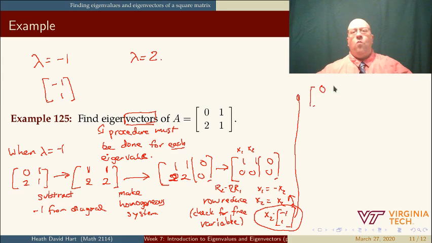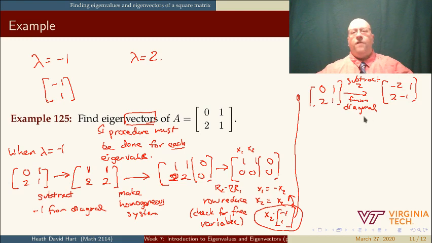Start with 0, 1, 2, 1. Subtract 2 from the diagonal. So now I have -2, 1, 2, 1 minus 2 is -1.